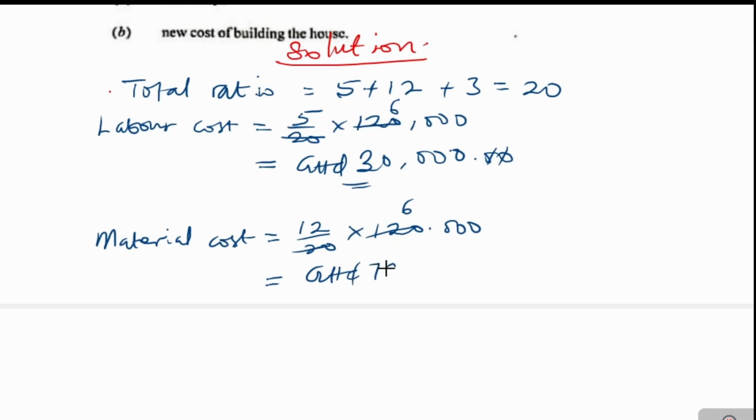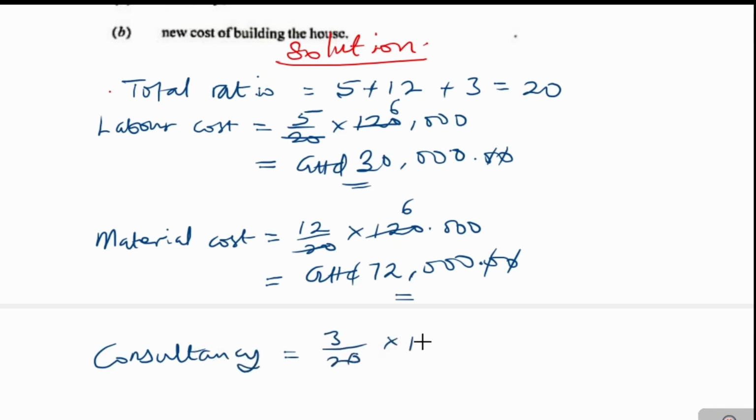So the estimated cost of material is 72,000. Then now we go ahead and find the cost involving consultancy, and the part of the ratio that is for consultancy is 3, so 3 over 20 times 120,000. Then again 20 will divide into 120 6 times, 3 times 6 is 18, so that's going to give us 18,000.